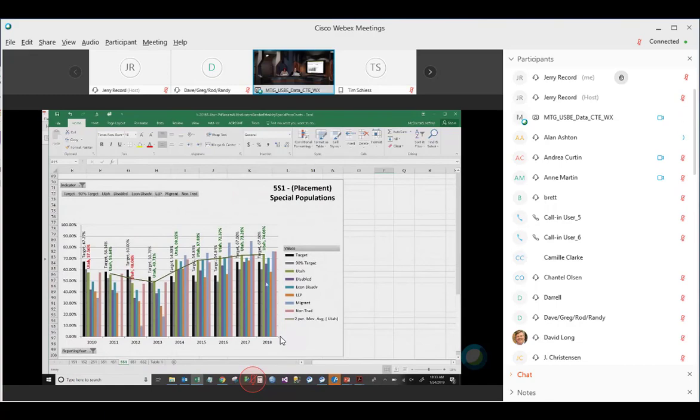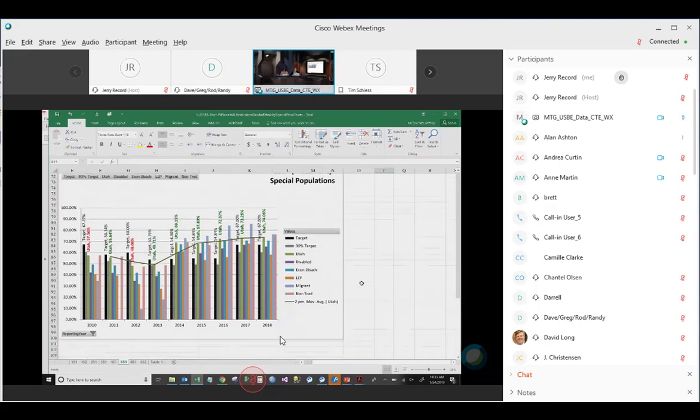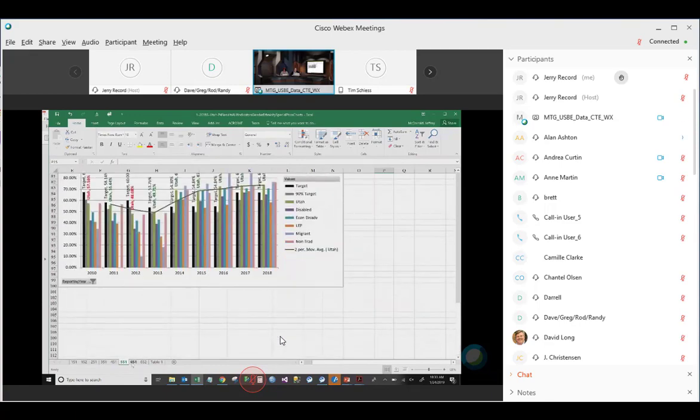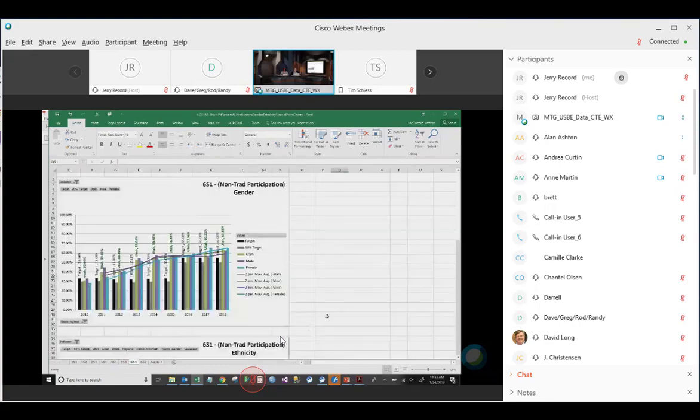Special populations, we've got some problems in some of the same areas as other indicators, so these are your achievement gaps you want to address. Non-traditional participation.